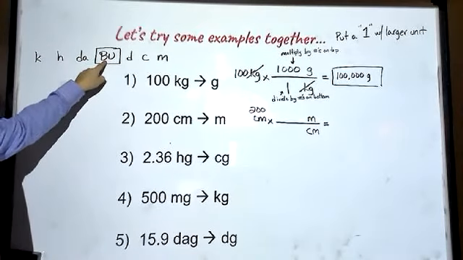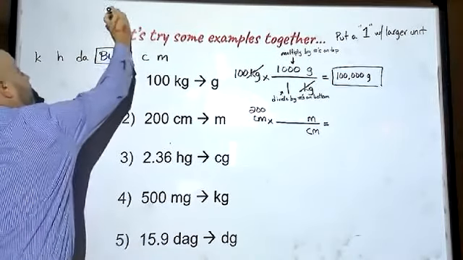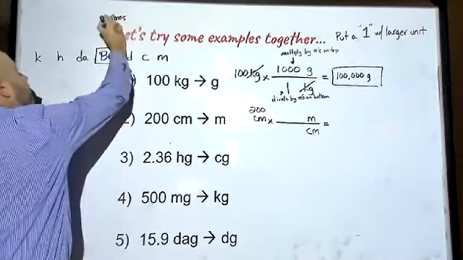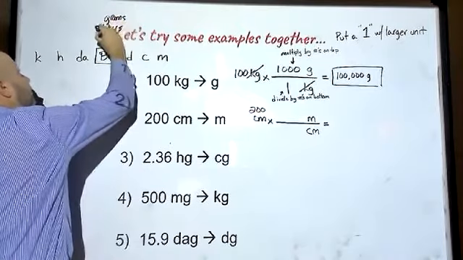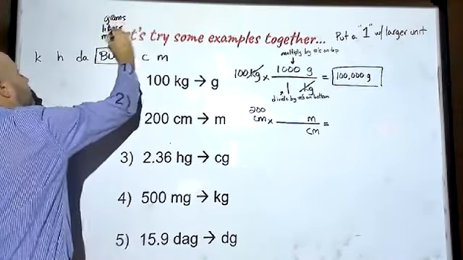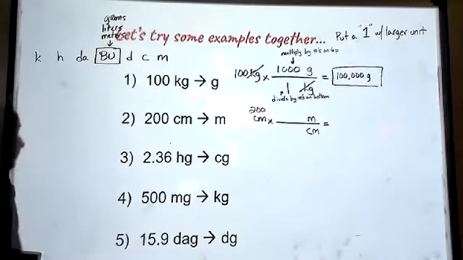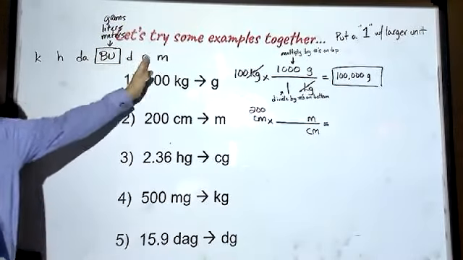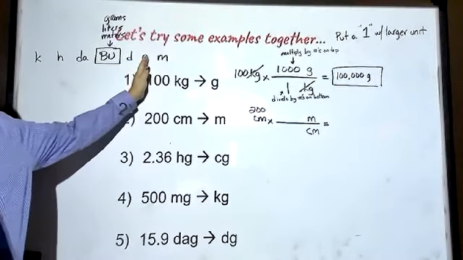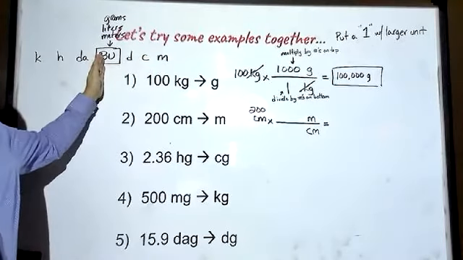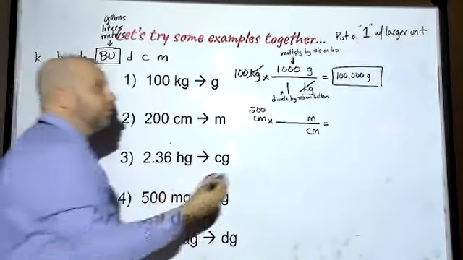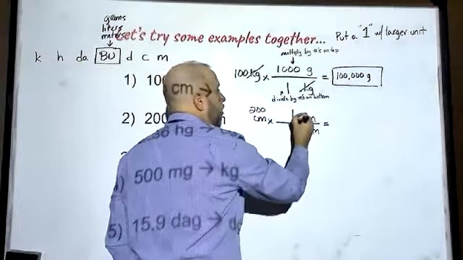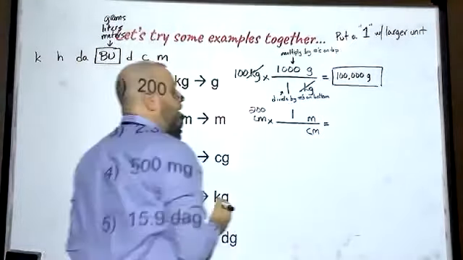Meters are the base unit. So remember, this is grams, this is liters, this is meters. So all three of those are possibilities for there. So we have meters and we have centimeters. The larger unit is the base unit in this case, so that's meters. So I'm going to put a 1 with the larger unit. Remember that we wrote that up here.